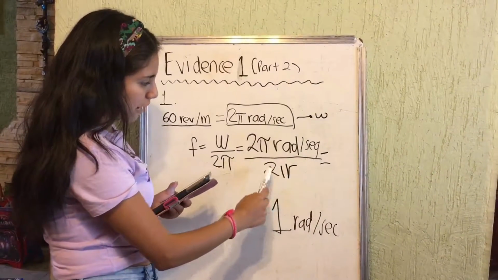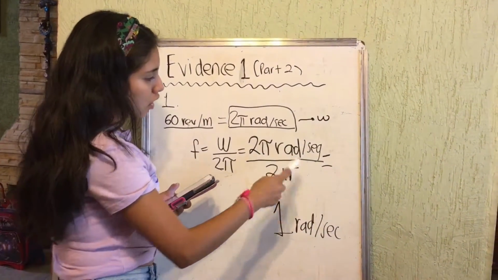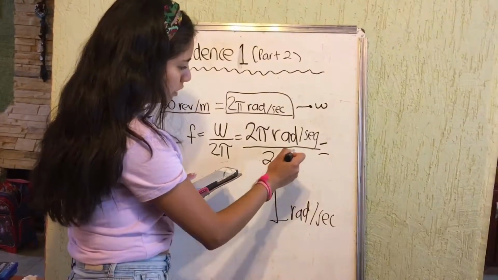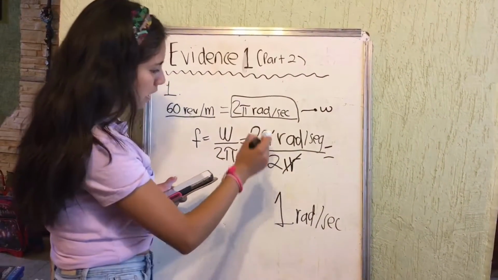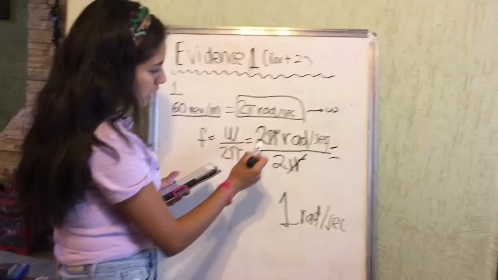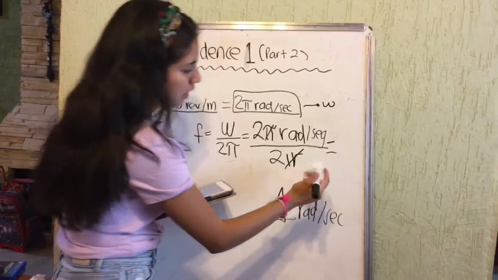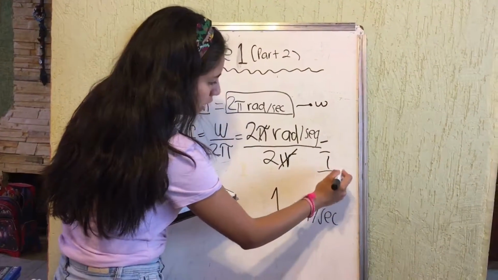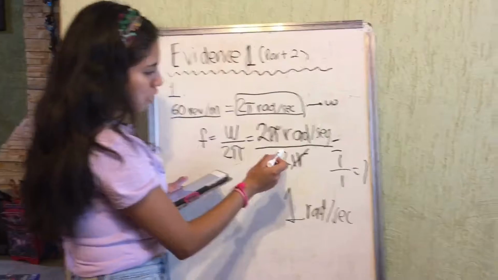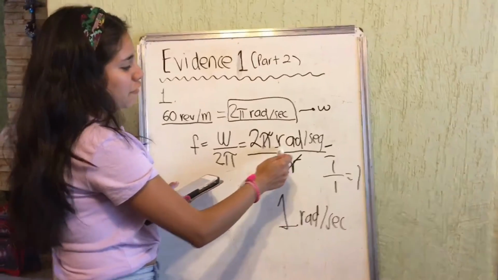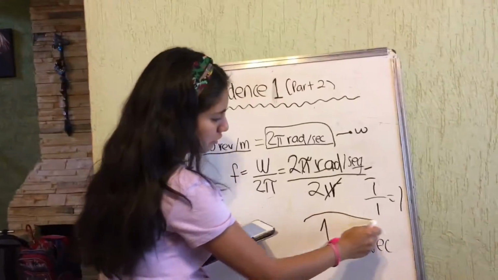So 2π over 2π, we just need to eliminate this π and this π, and it's 2 over 2, which is equal to 1 over 1, and it's 1. We just have to put the radians and the seconds, and this is our final result.